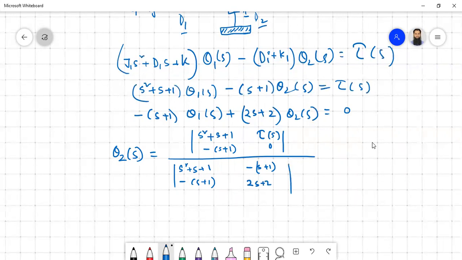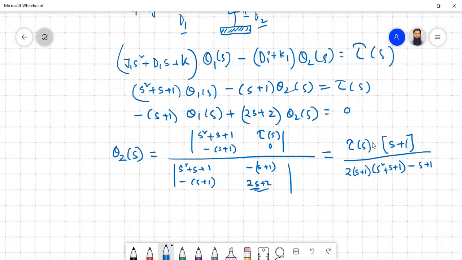Okay, so the numerator is tau(s) times (s plus 1). In the denominator, if you just cross multiply, you can take common 2 here: (s plus 1)(s square plus s plus 1) minus (s plus 1) whole square.